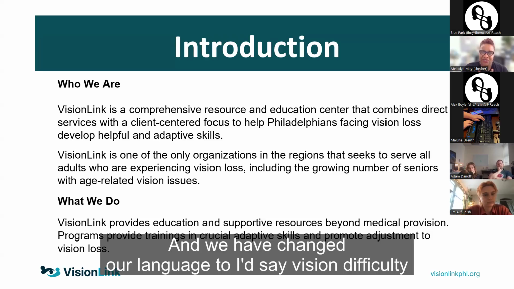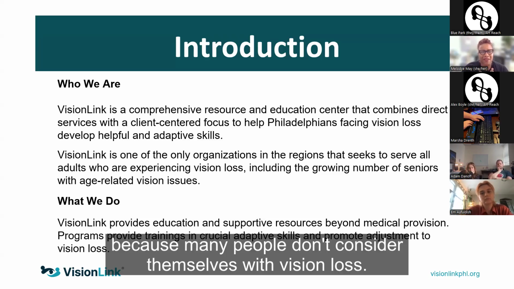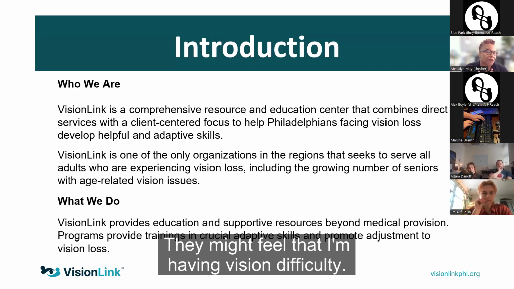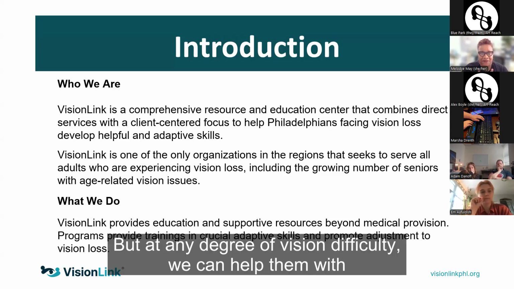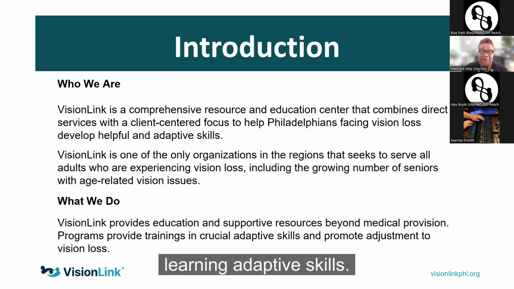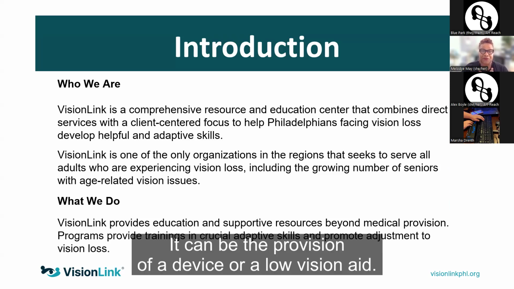And we have changed our language to say vision difficulty because many people don't consider themselves with vision loss. They might feel that I'm having vision difficulty, but at any degree of vision difficulty, we can help them with learning adaptive skills. It can be the provision of a device or a low vision aid.